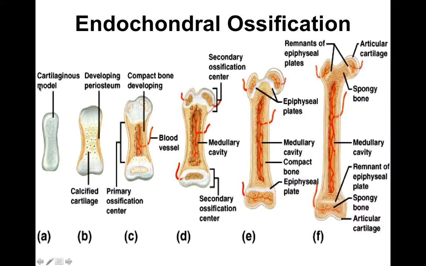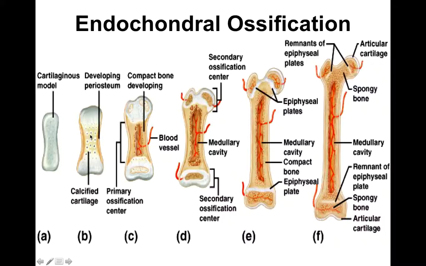Okay, here's the endochondral ossification. With the endochondral ossification, you start off with this hyaline model. So this is all made of hyaline cartilage. And the periosteum is what develops first. And what you get through the development of that periosteum is calcified cartilage.